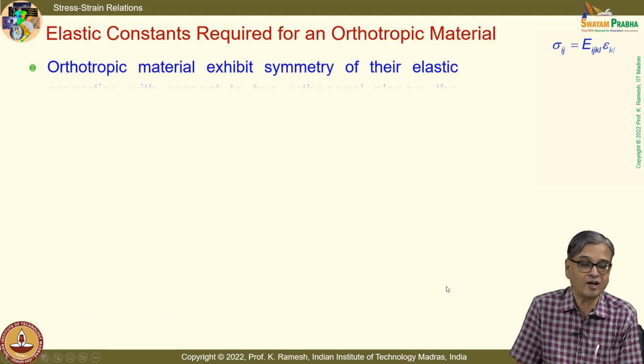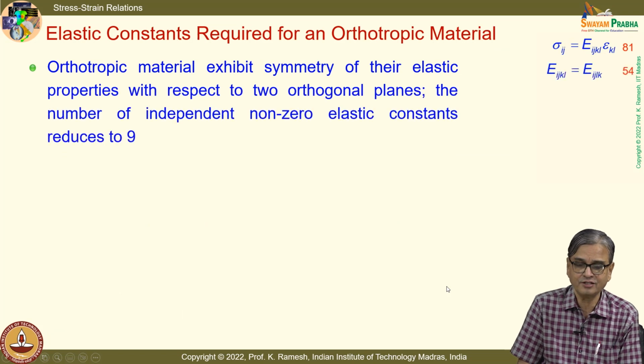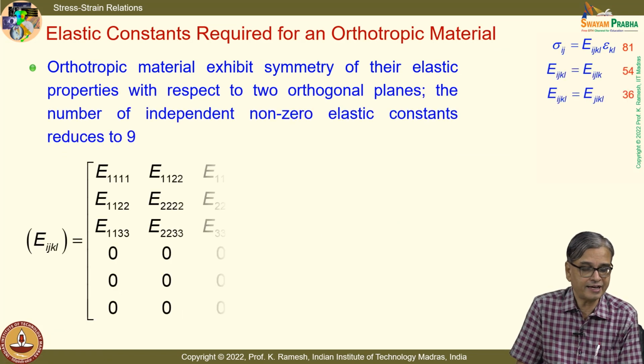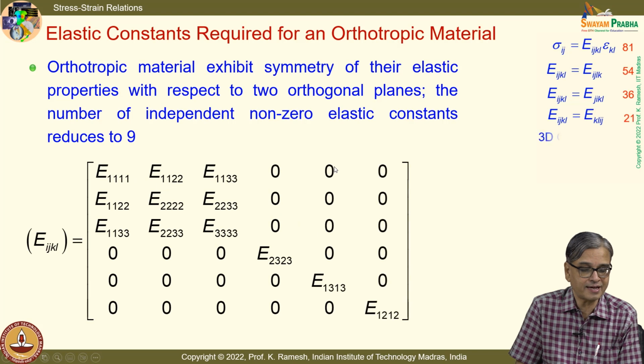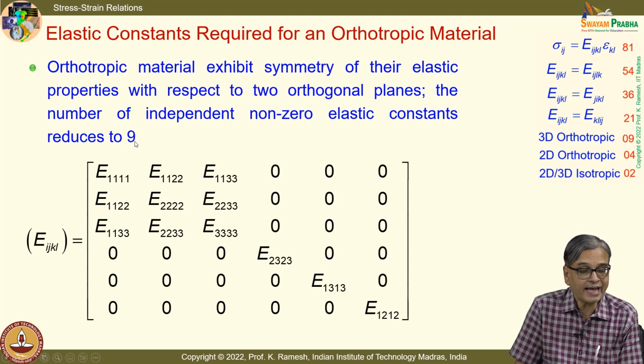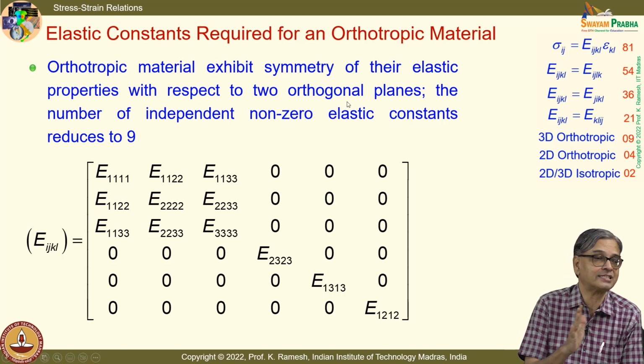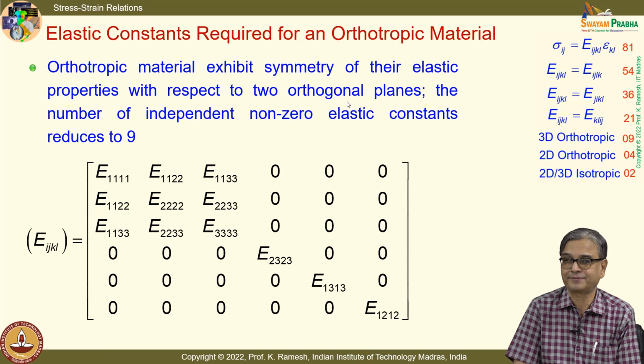When I go to an orthotropic material, just to give you an idea of what I have as the matrix here, for a 3-dimensional situation I will have only 9 elastic constants, because it has 2 orthogonal planes in which the elastic properties are symmetric.